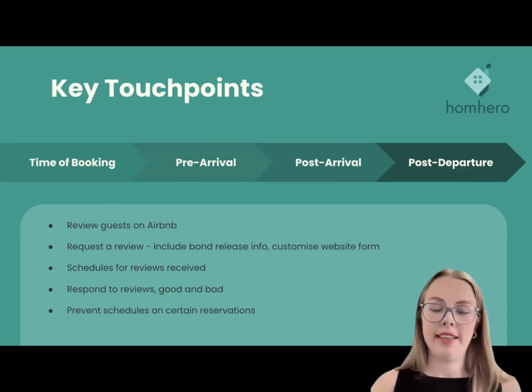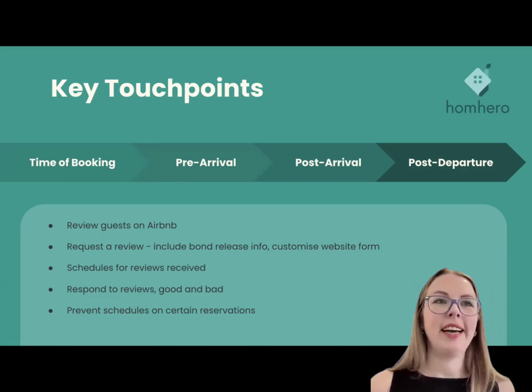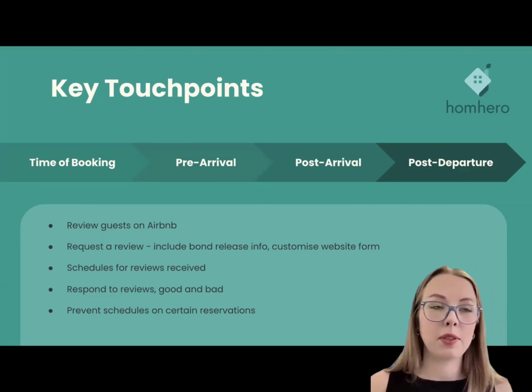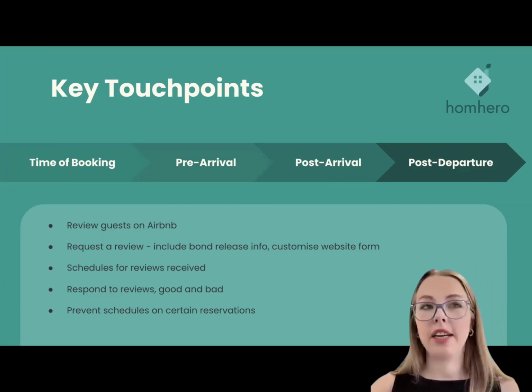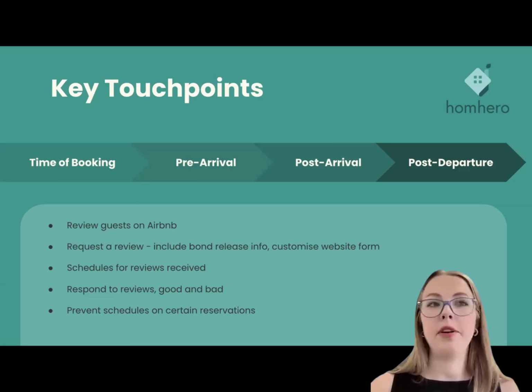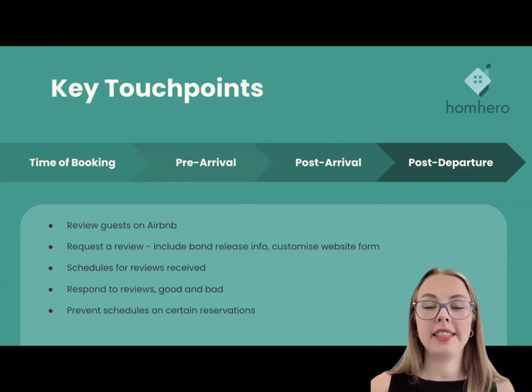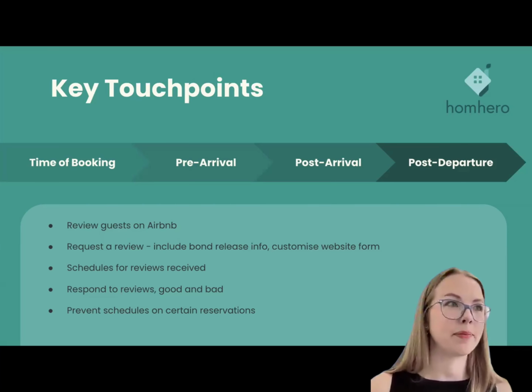So I mentioned I won't show you much about schedules today, but I will briefly show you that filter that you can set up for your review score. So if you are getting a negative review, how you can instantly address that, and a positive review as well, how you can maybe get some more direct bookings out of them or get them to sign up to your newsletter, that sort of thing. An automated message at that time can be really handy.